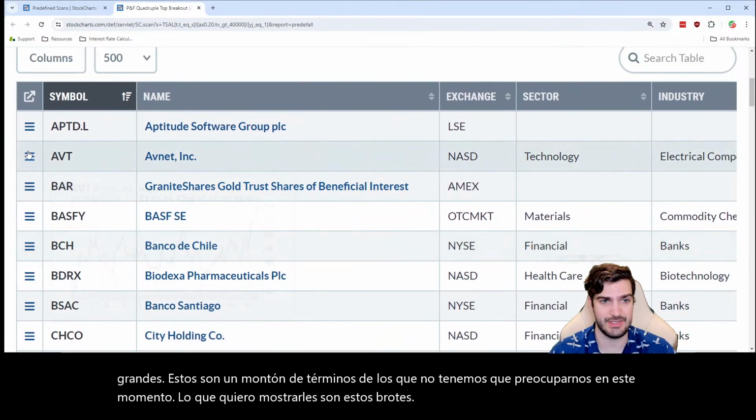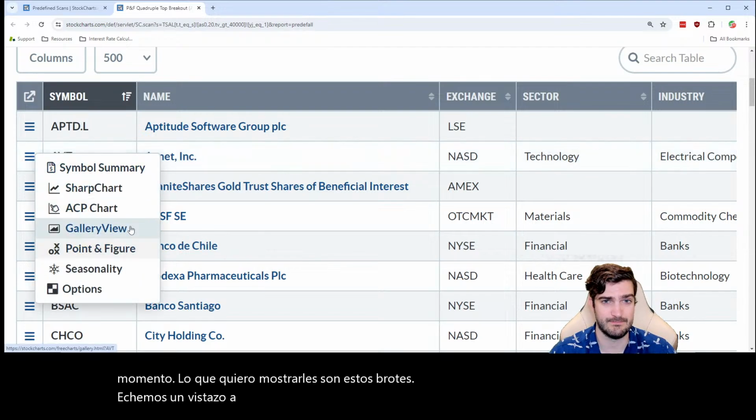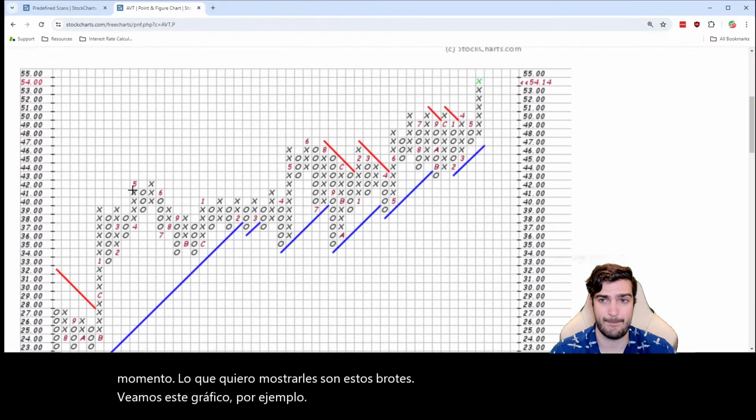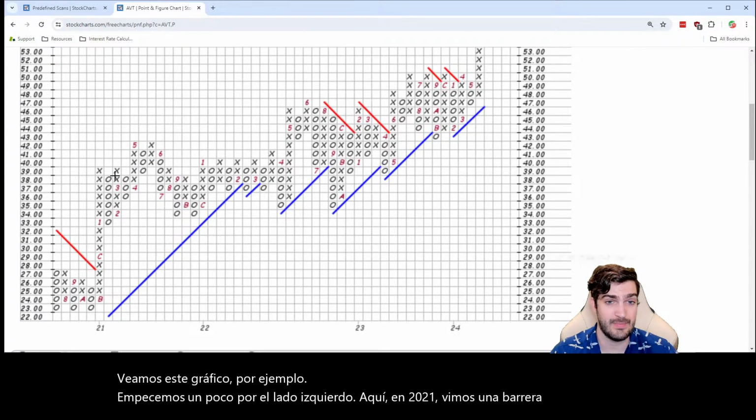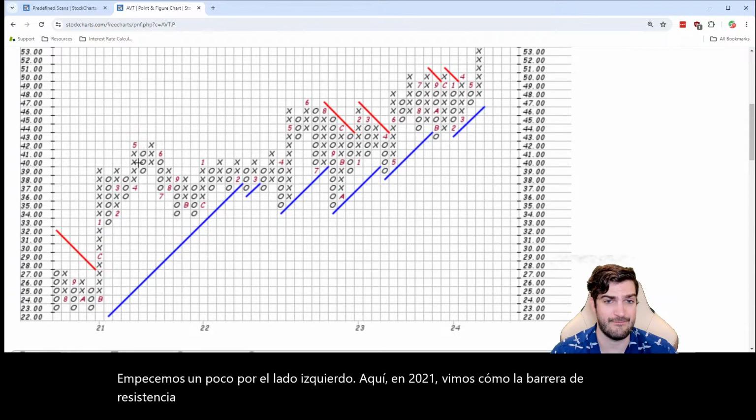Let's go look at this chart, for example. Let's start back a little bit, over on the left side here. In 2021, we saw a resistance barrier get established, hit but not passed, and then finally broke out above.